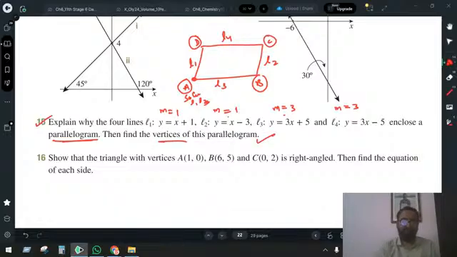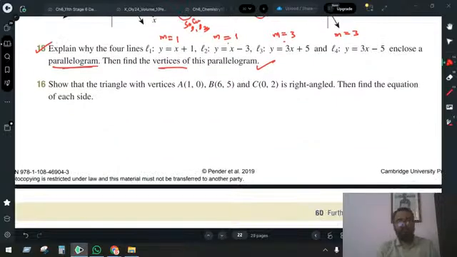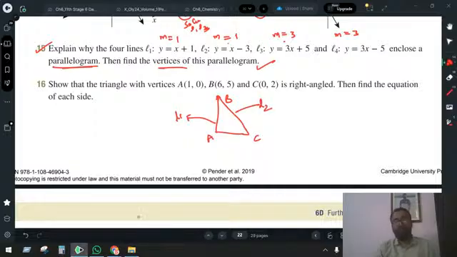Asking vertices: show that the triangle with these vertices is a right angle triangle. So how can we conclude it forms a right angle triangle? It is A, B, C. Then find the equation of each side. You have to find AB line L1, BC line L2, AC line L3.